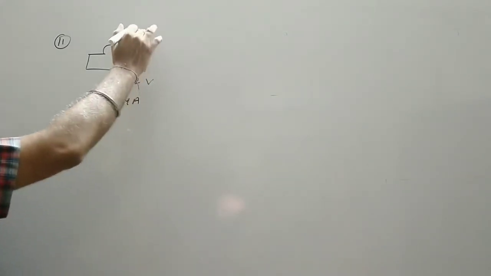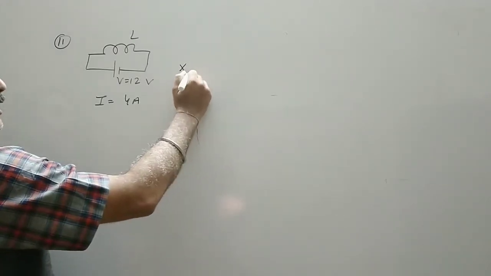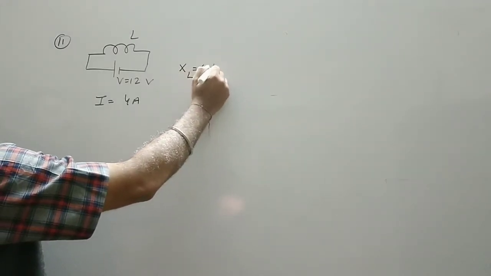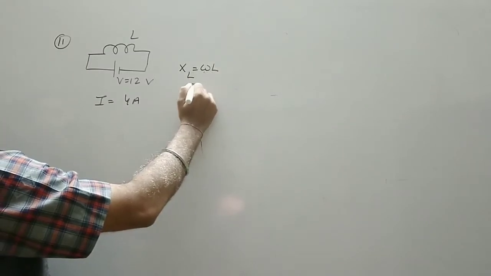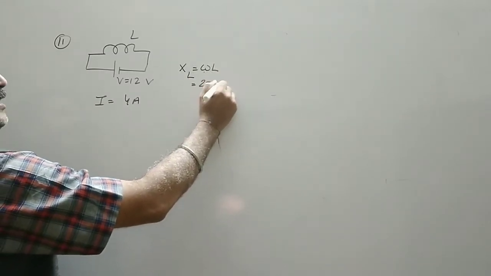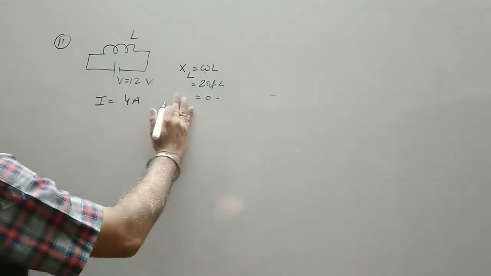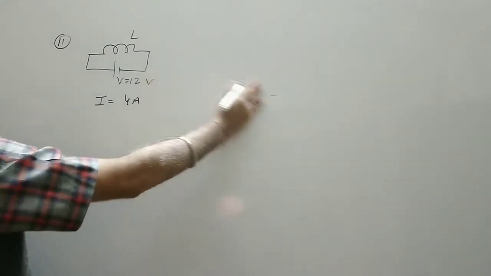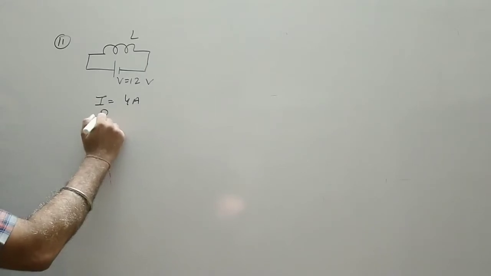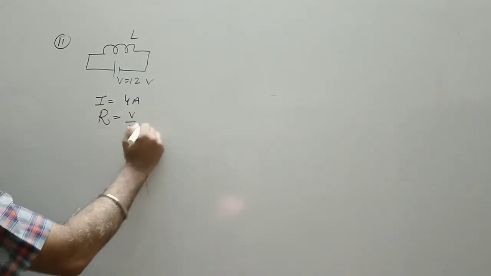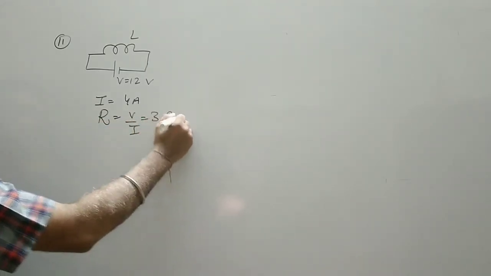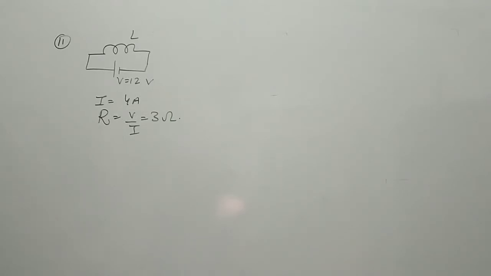Now this circuit will not have an inductive reactance, because inductive reactance is omega L, where omega, the frequency for the DC source, is 0. So the inductive reactance when an inductor is connected to a DC source is 0. So we have only the resistance in the circuit, that is V upon I. So it is equal to 3 ohms here.